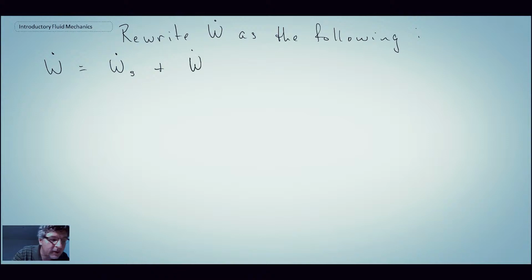We can have work due to normal stresses, and we'll call that normal. We can have work due to viscous shear, and we can have other forms of work. That could be surface tension work, it could be electromagnetic, things like that. But to define these, this was shaft work.